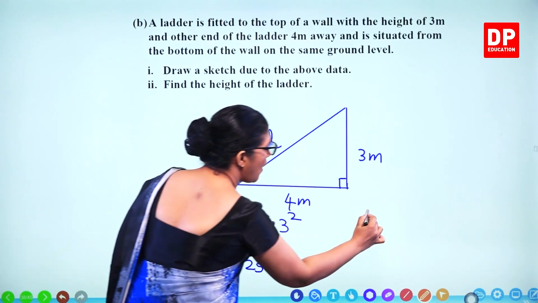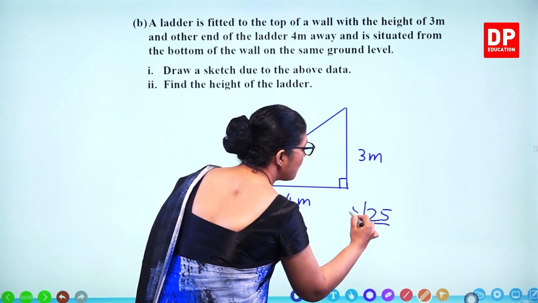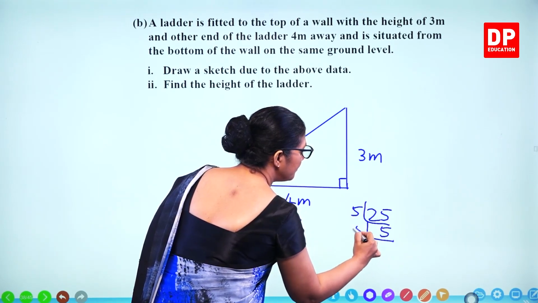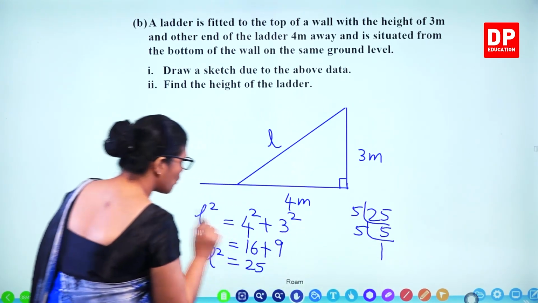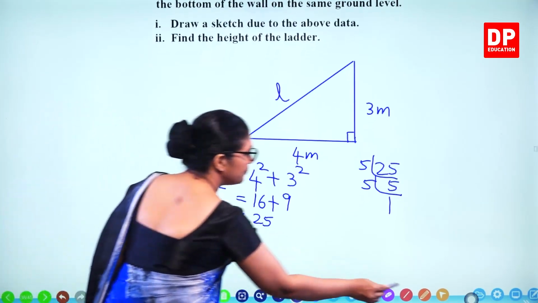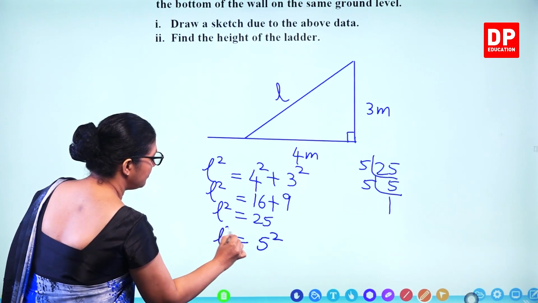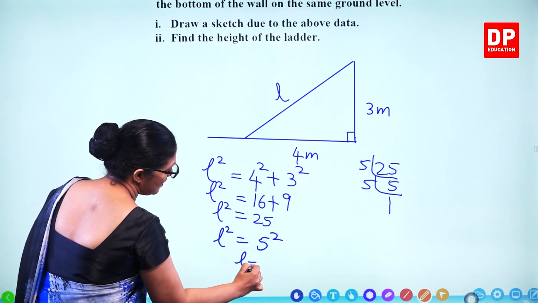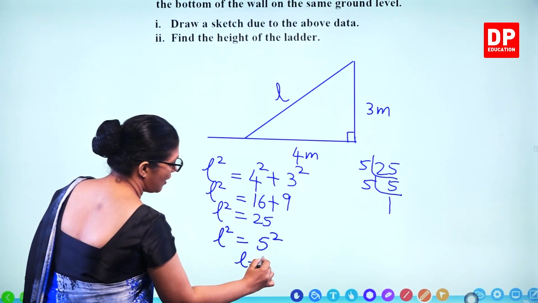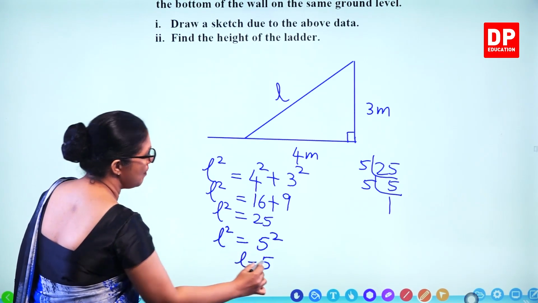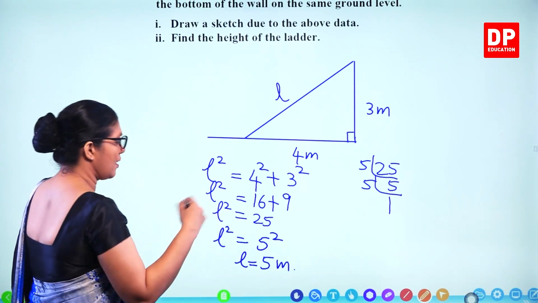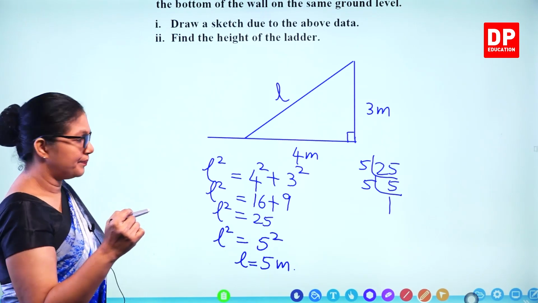So what is 25? You can write 5 and 5. So 5 squared. So 5 squared is L squared. So what is the L? Same power. You can equate the base. 5 meters is the height of the ladder.